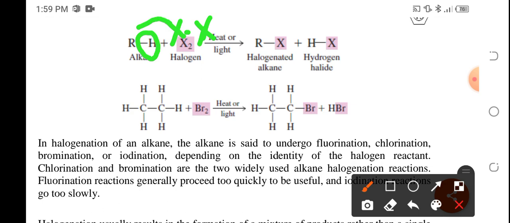So magpapalitan sila kasi substitution reaction. So papalitan ng one atom ng halogen ang hydrogen. That's why instead of RH, magiging RX. And instead na XX yan dahil X2 or diatomic element yung halogen, magiging HX. So, na-substitute. Nagpalitan sila ng atom.